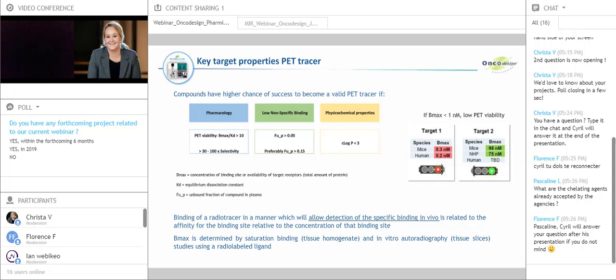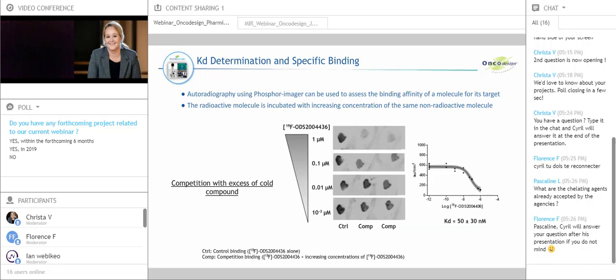Then if Bmax is very low, if there is very low target, it will be difficult to get a signal. So when you start to have your molecule and you do the labeling with F18, you can compare with your cold compound F19 and do KD determination and specific binding.